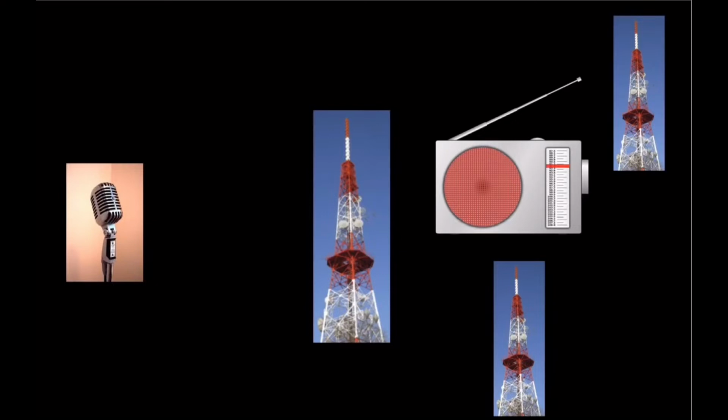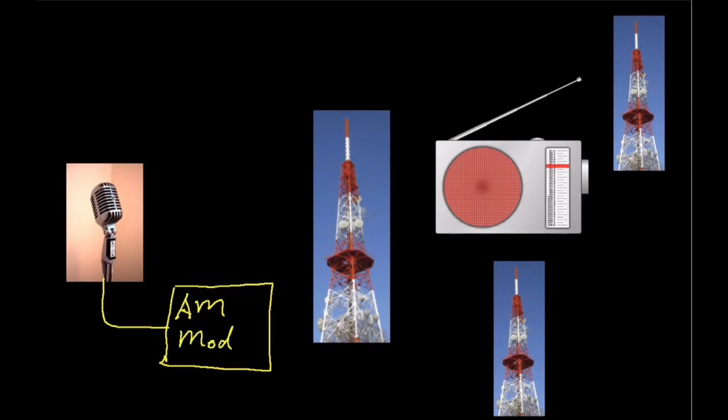So what I have on the screen here is a diagram of an AM radio system, and the idea is that we have a microphone that collects say speech signals or something like that. And the output of this microphone goes through an AM modulator.